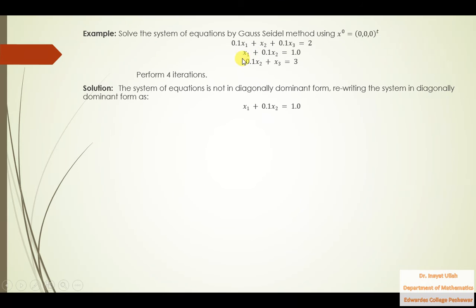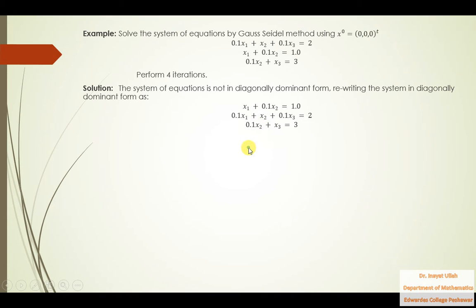This is the equation in which the coefficient of x1 is greater than the sum of all the rest of the coefficients, so we write this equation as the first equation. The second equation is okay because the coefficient of x2, which is 1, is greater than the sum of these two. The third equation is 0.1 into x2 plus x3, because the coefficient of x3, which is 1, is greater than 0.1. So now this system is in diagonally dominant form.